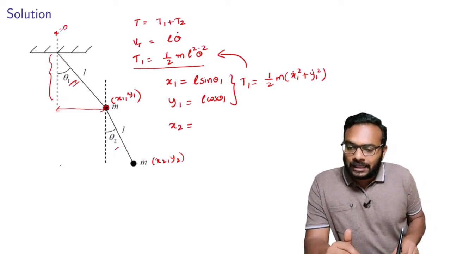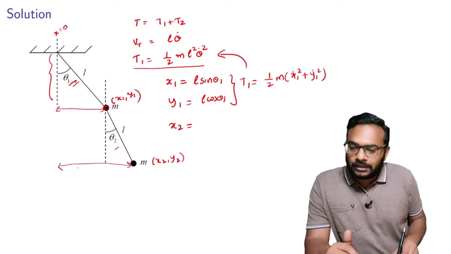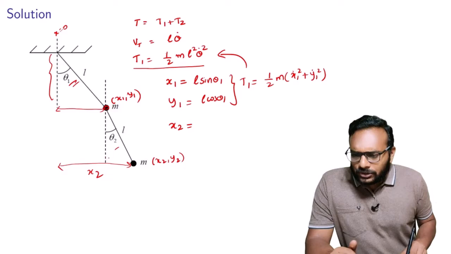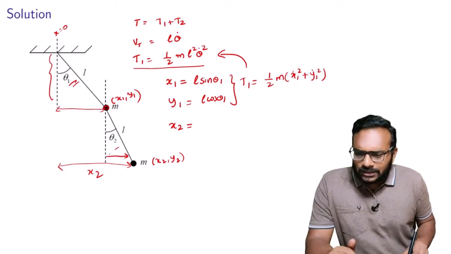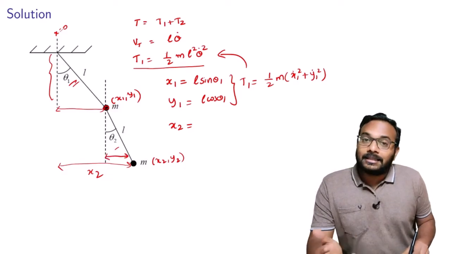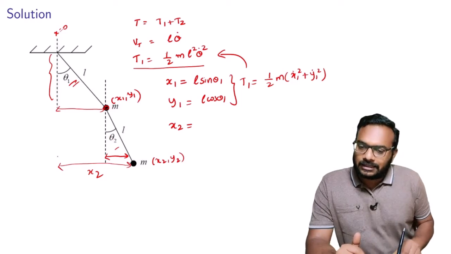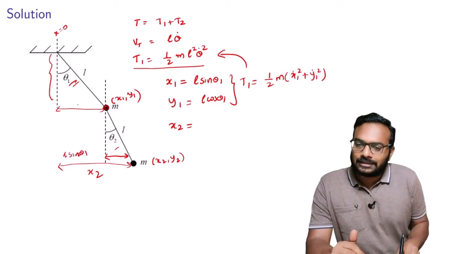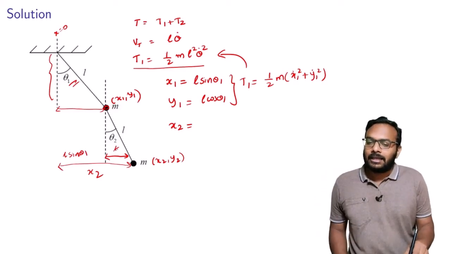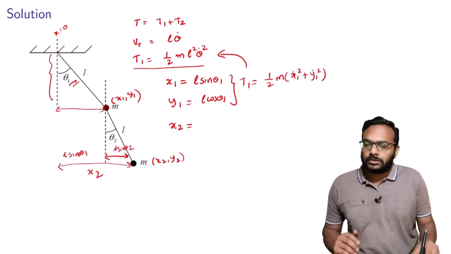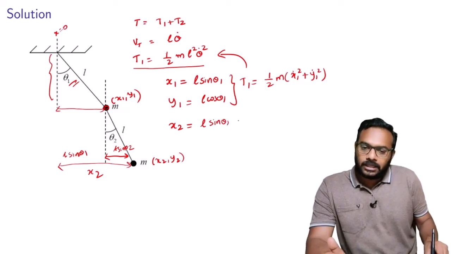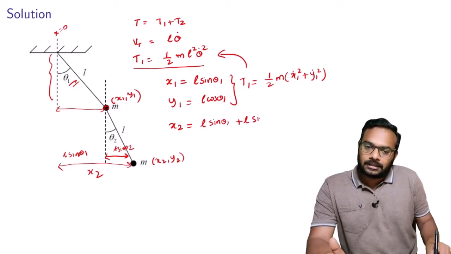Okay, what about x2? x2, as I said, is this length. We know that this small length is L sine theta 2, and this length was L sine theta 1. So x2 can be written as L sine theta 1 plus L sine theta 2.